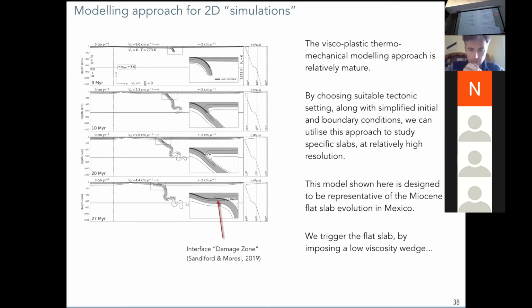We've also done some work, as have many others, on more high-resolution two-dimensional models, and looking to see what the best way is to represent the plate boundaries in such ways that they're resolution independent. We do that through some sort of interface damage zone, which is inspired by observation, but also by a numerical methodology approach.